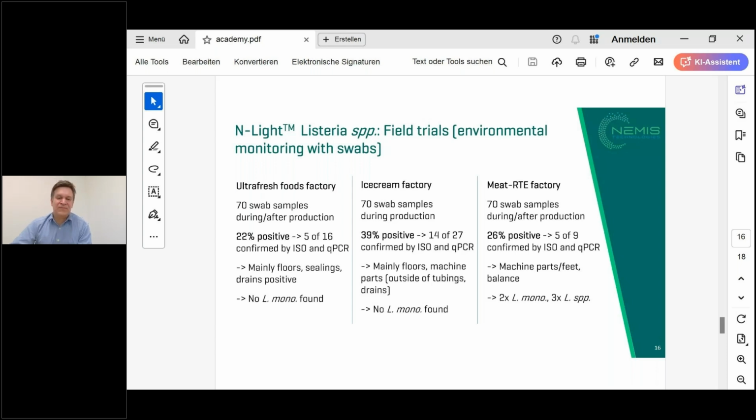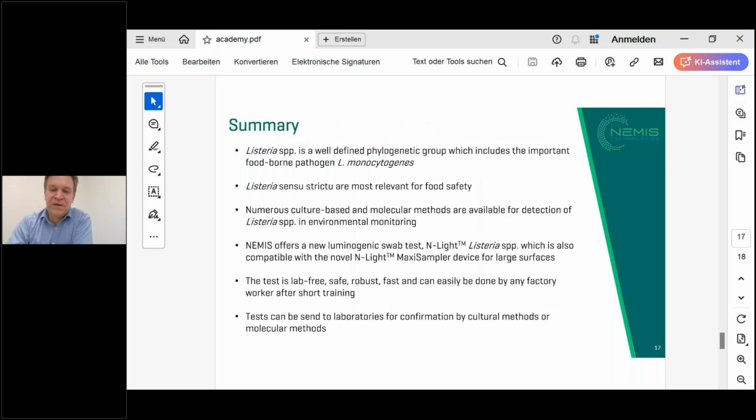So as a summary, Listeria spp. is a very well-defined phylogenetic group, which includes the really important foodborne pathogen L. mono, and all the Listeria species cluster tightly together in one part of the phylogenetic tree.